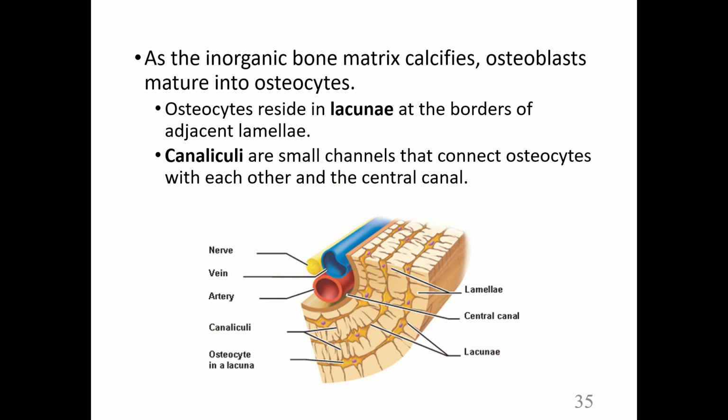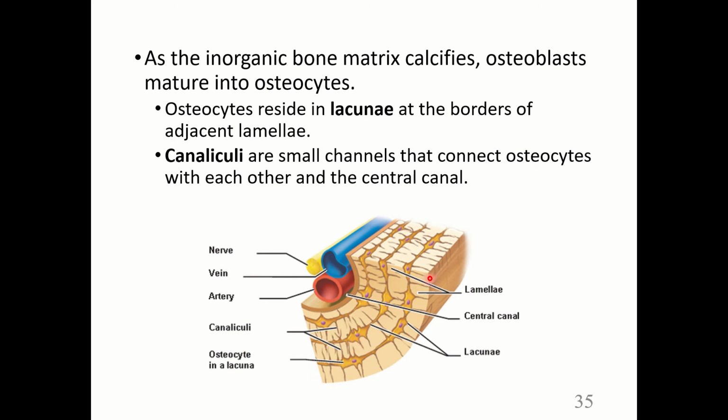As the inorganic bone matrix calcifies, the osteoblasts will mature. As they mature, they become osteocytes, and they are going to be trapped in the matrix that they have made. Thus, they are going to reside in chambers called lacuna. The lacuna are going to occur at the borders of the adjacent lamella.